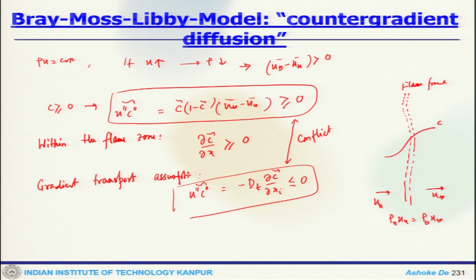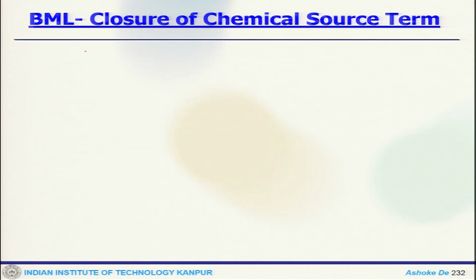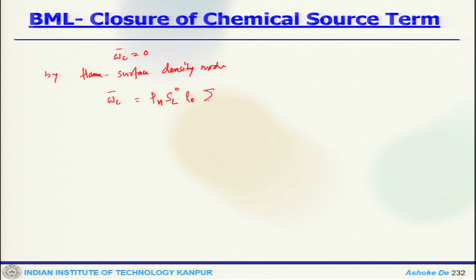Now, chemical source term we can, using our F of C, lead to WC being 0. That is why we close it by the flame surface density model, where WC is written as rho u SL0 I naught summation.